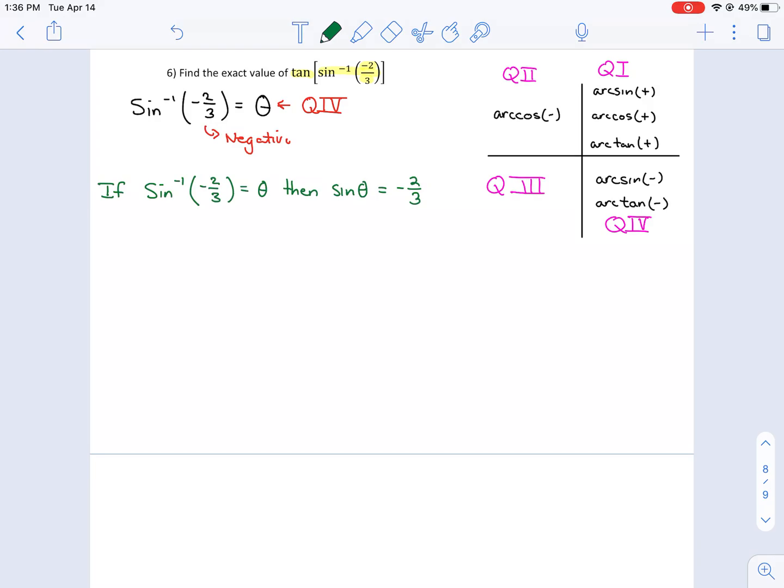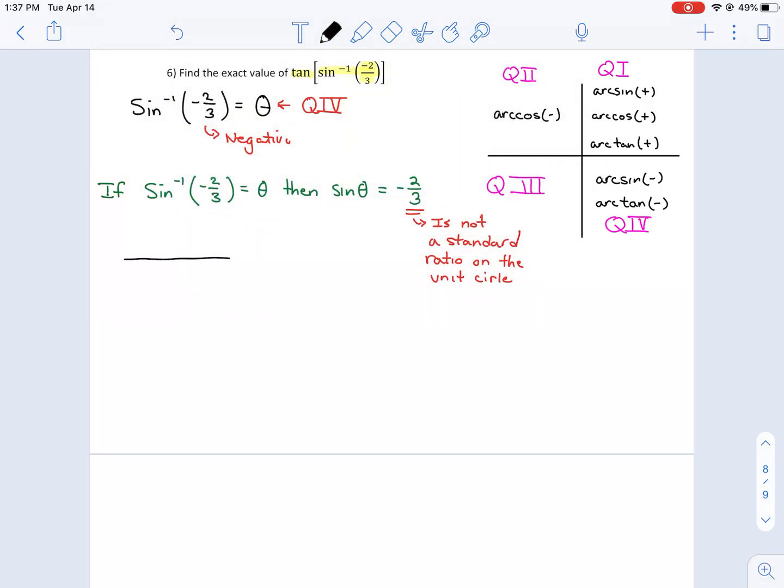And if you look at quadrant 4 to find such an angle, you're not going to find one, because negative 2/3 is not a standard ratio on the unit circle. So we're going to need another method to find the exact value of this expression.